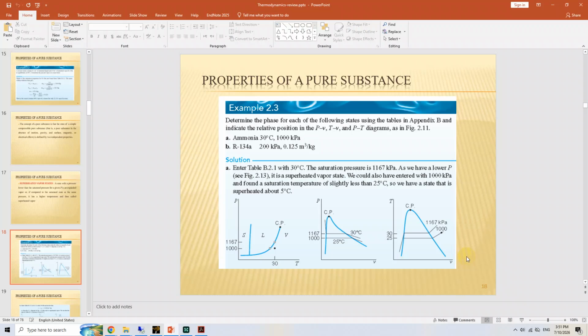Here is a question for you, and you can do it at home with the book. Determine the phase of each of the following states of matter. The first is ammonia at 30 degrees and 1000 kilopascal.